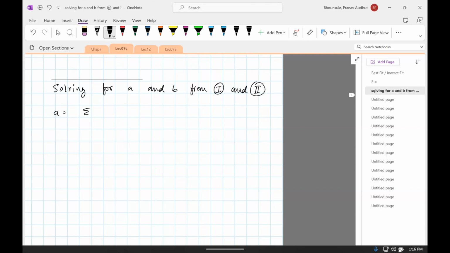So a is summation xi yi times summation xi minus summation xi square times summation yi, divided by summation xi the whole square minus n times summation xi square.